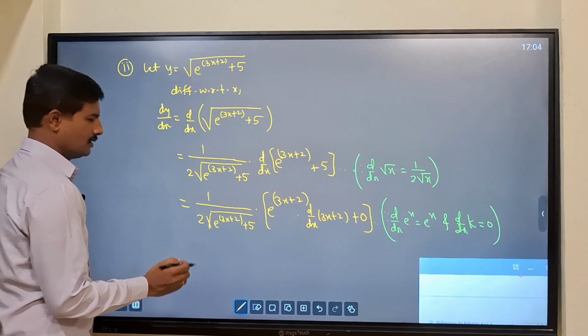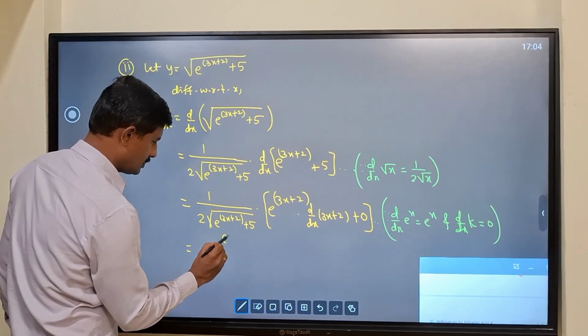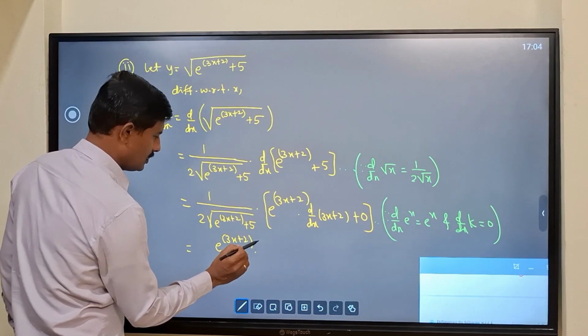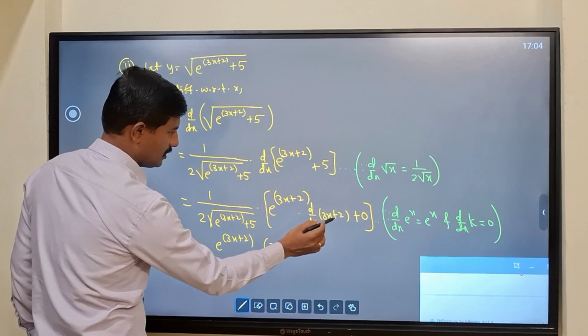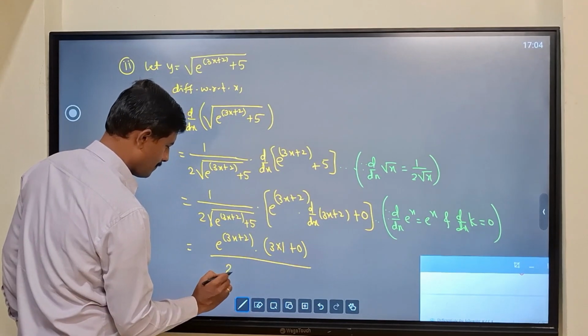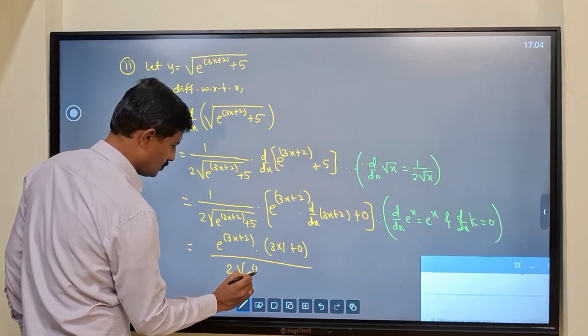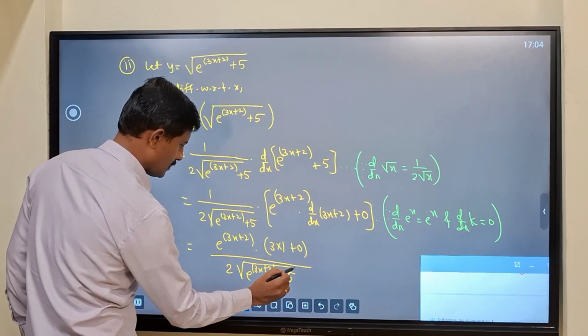Now here e raised to 3x plus 2 into differentiation of 3x, which is 3 into 1, and differentiation of 2 is 0, upon 2 square root of e raised to 3x plus 2 plus 5.